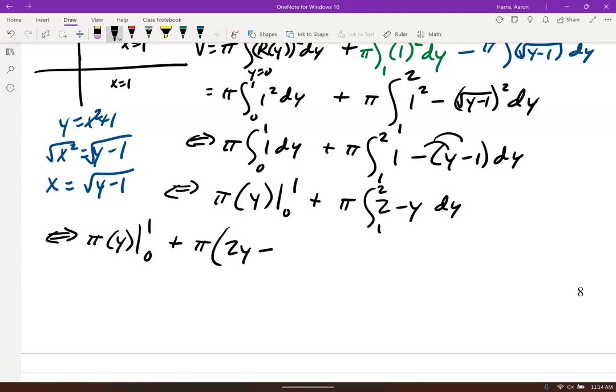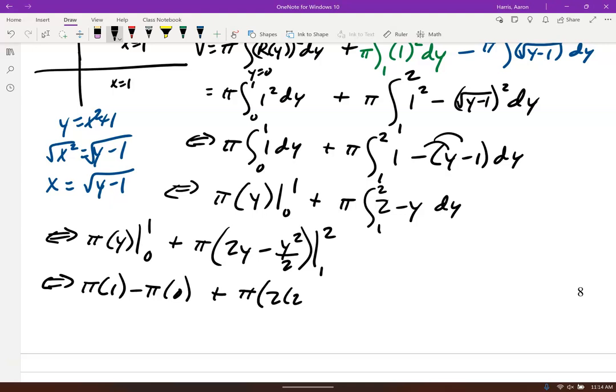So I get 2y minus y squared over 2, from 1 to 2. And this will give us pi times 1 minus pi times 0, that's pi, plus pi times 2 times 2 minus 2 squared over 2, minus pi times 2 times 1 minus 1 squared over 2.